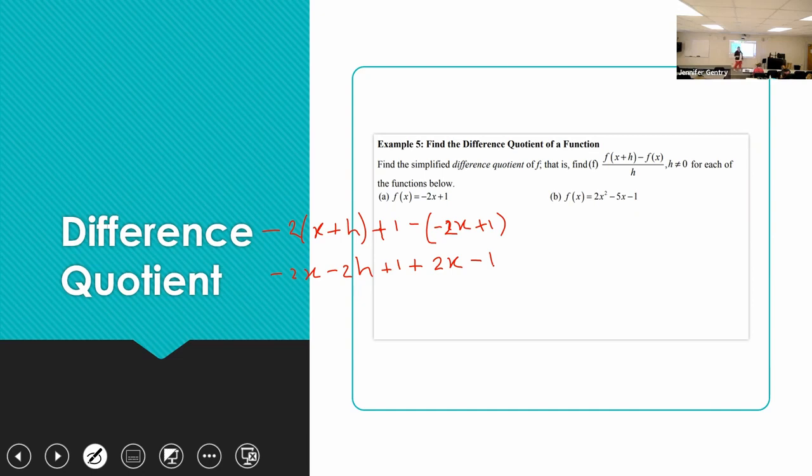Which f? This f? Yes. That's this part right here. Minus 2x plus 1, that's what f is. Do you see what I'm saying? And so we distribute that minus because of that. Make sense? Cool.